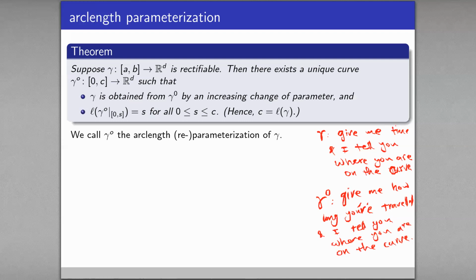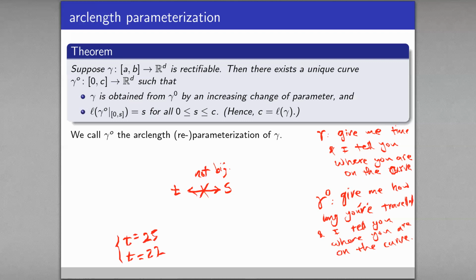Notice that the relation between time t and s is not bijective. Different times may correspond to the same length traveled. At time 25, you may have traveled just as much as you had traveled at time 22, which forces that between 22 and 25, you didn't move at all along the curve, because any movement gains length.